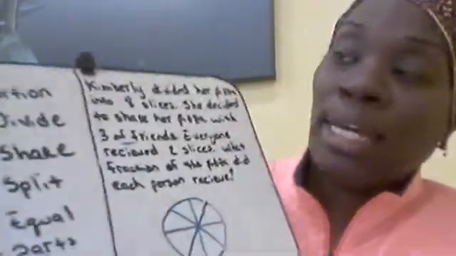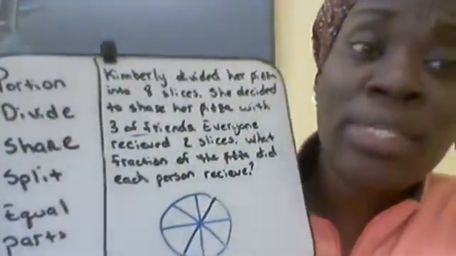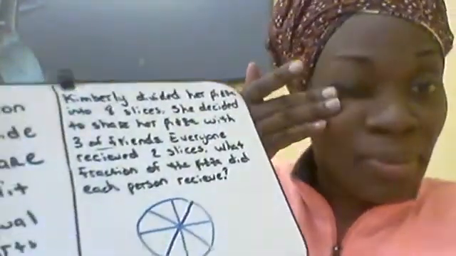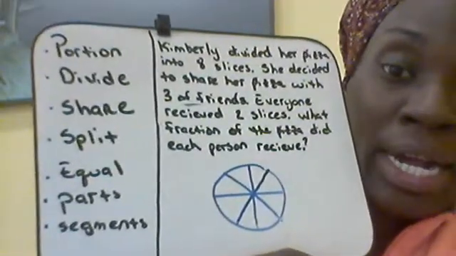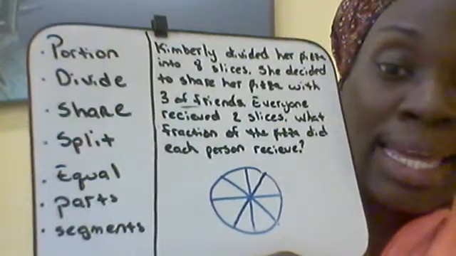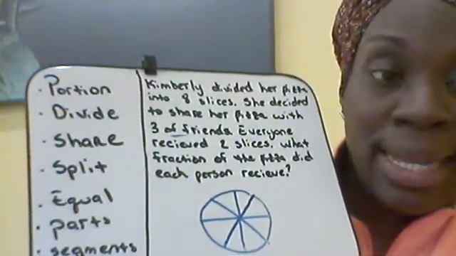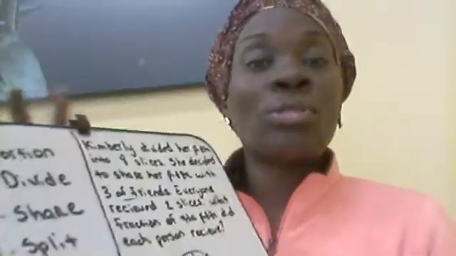Let me repeat them again: portion, divide, share, split, equal, parts, and segment. Those are all words that indicate that the operation in some way involves division. And nine times out of ten, depending on how the question is asked, you may have to create a fraction.